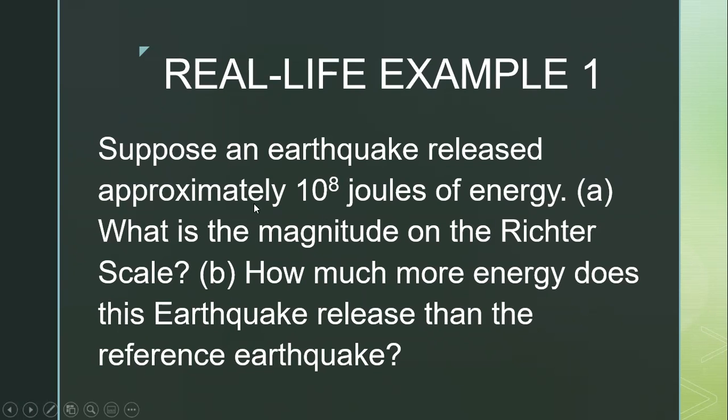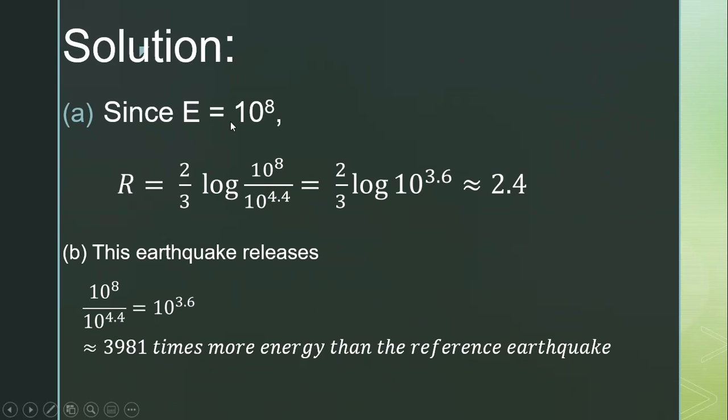Okay, so let's have this one. Suppose an earthquake released approximately 10 raised to the 8 joules of energy. What is the magnitude on the Richter scale, and how much more energy does this earthquake release than the reference earthquake? Since E given in the problem is equal to 10 raised to the 8 power, substituting that value in our formula, we find the magnitude of the earthquake as approximately equal to 2.4.